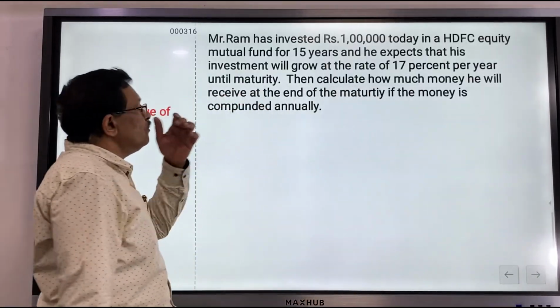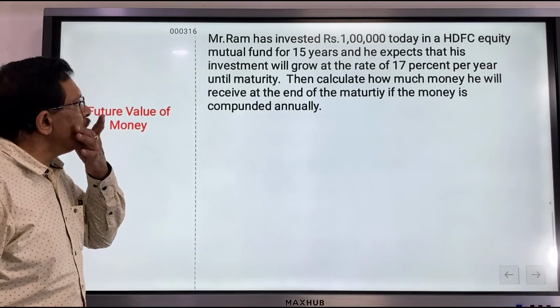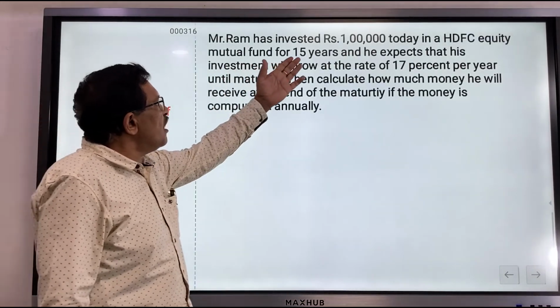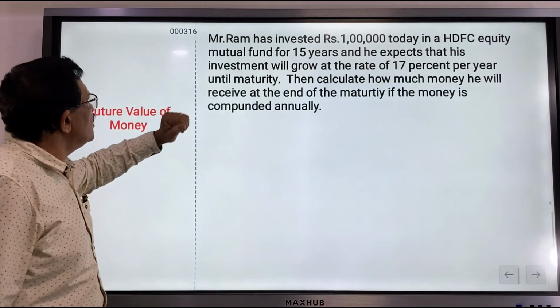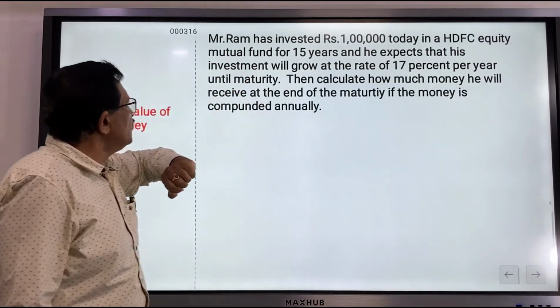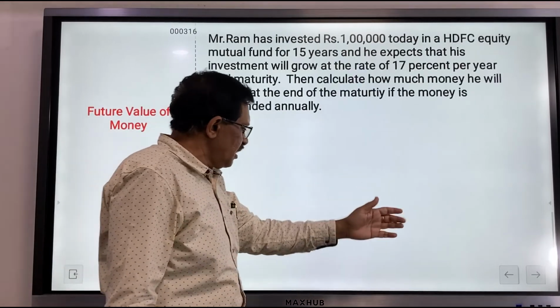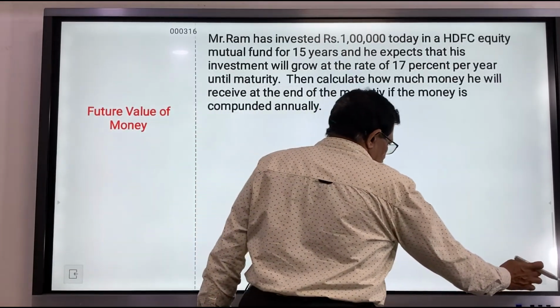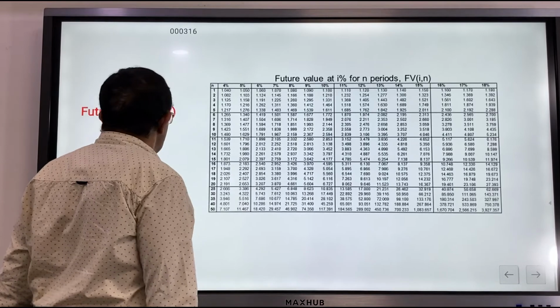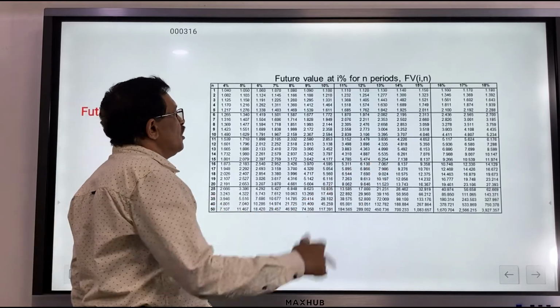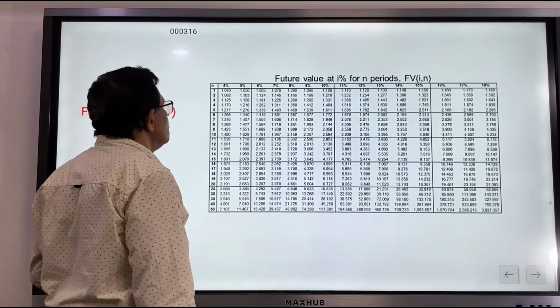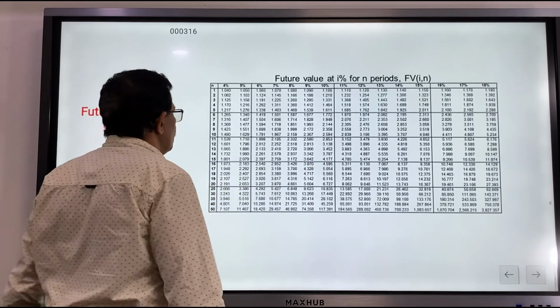In the previous problem, we know that the present value is 1 lakh. It has been invested for 15 years at a rate of 17%. By using the table value, let us calculate the maturity value. Now this is for 1 rupee.